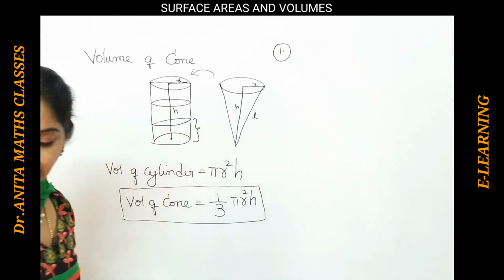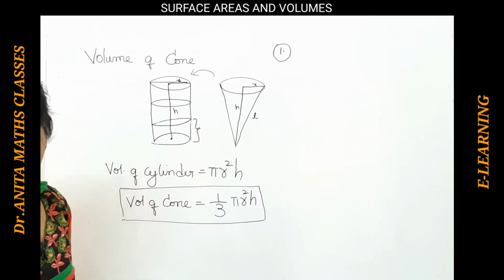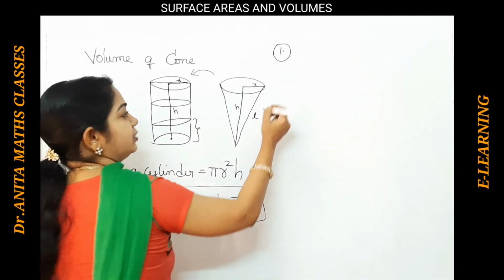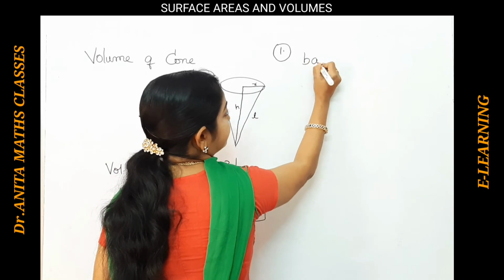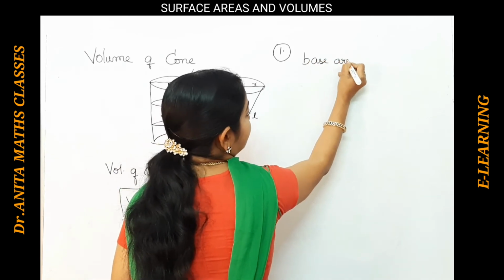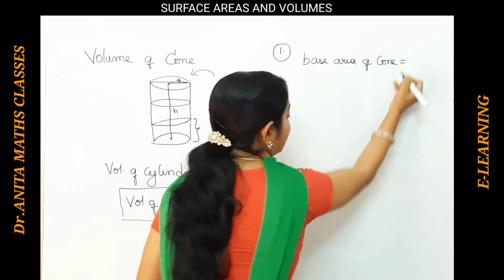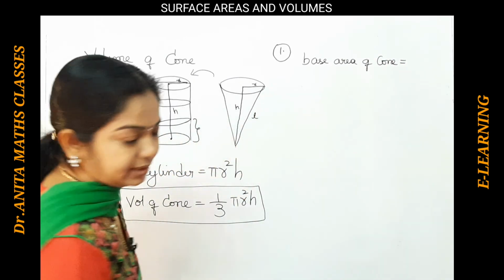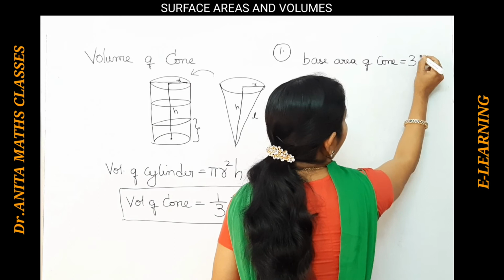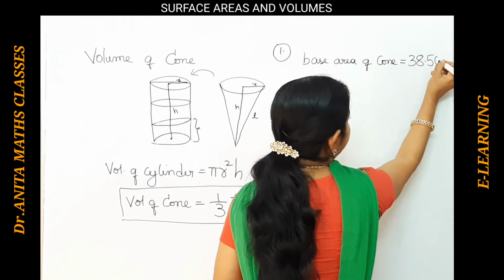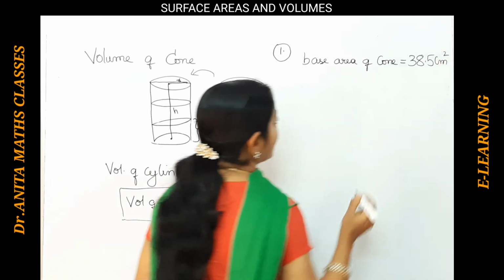Now the first problem in the 10.3 exercise. Okay, the base area of the cone is given. The base area is nothing but the circle, isn't it? 38.5 square centimeters, right?